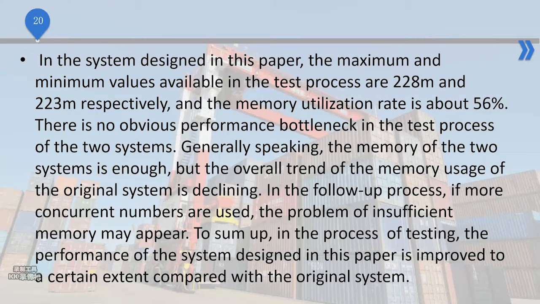In the system designed in this paper, the maximum and the minimum values available in the test process are 228 M and 223 M, respectively, and the memory utilization rate is about 56%. There is no obvious performance bottleneck in the test process of the two systems.